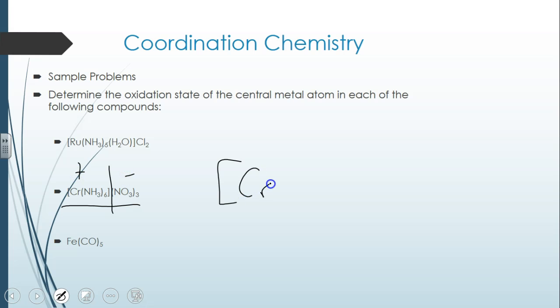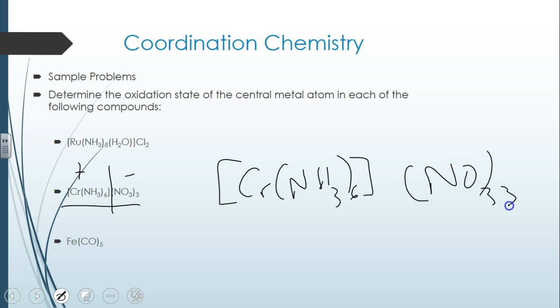So we have Cr(NH3)6, and then we have NO3, but we have 3 of those. We should know that the charge on the nitrate ion is minus, and since there's 3 of them, this guy should be 3 minus. So that makes the charge on this whole ion 3 plus.